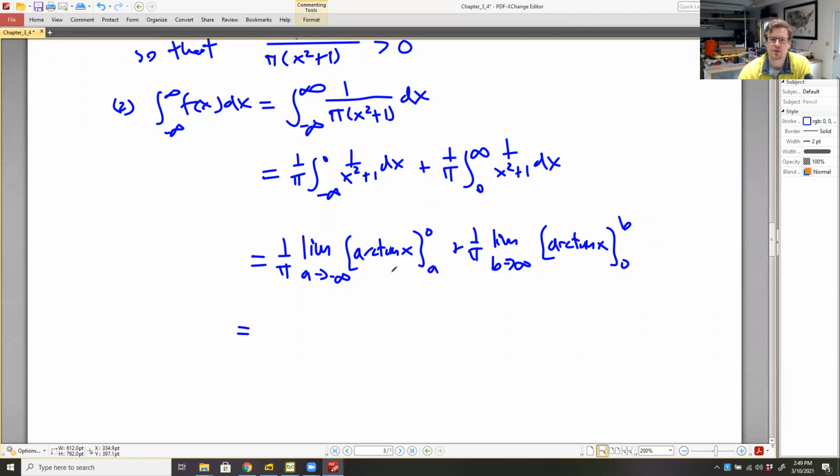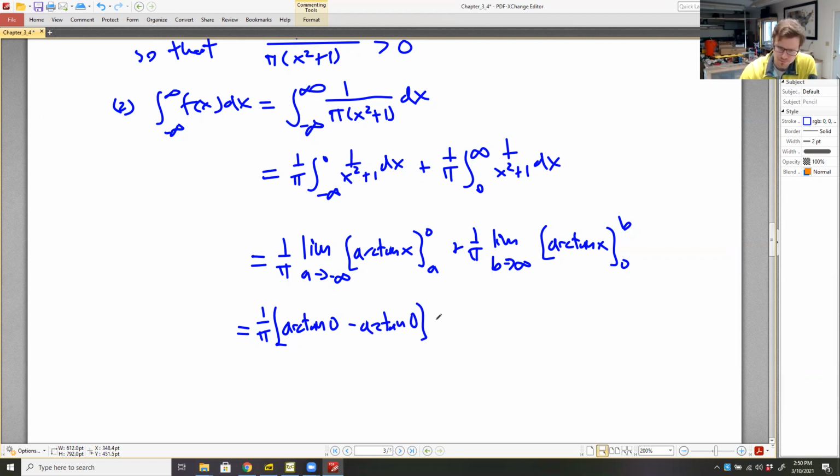So what I'm going to have is that this is 1 over pi times the arctangent of 0 minus a, get rid of that for now, and then b minus 0. So arctangent 0 minus arctangent 0. Of course, those two cancel out.